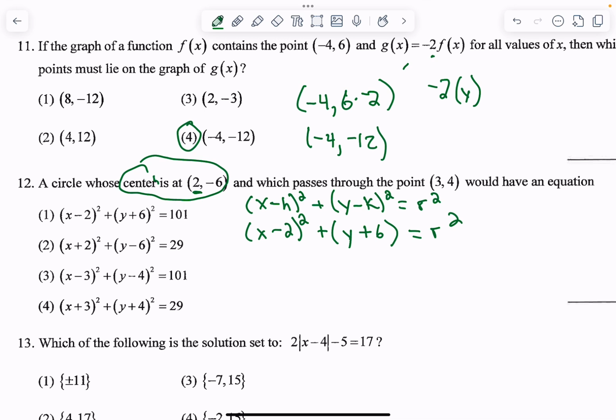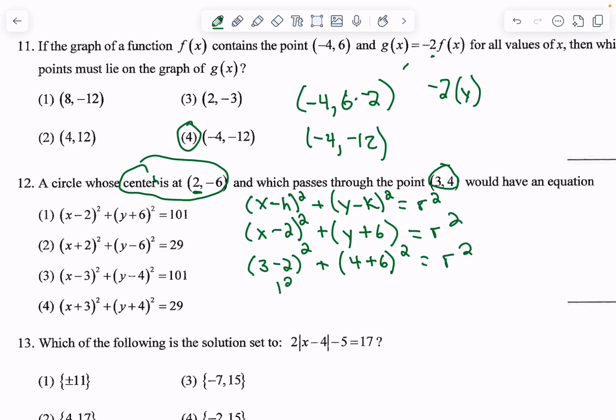All right. Now, we're going to plug this point in so we can find out what r is. So we have 3 minus 2 squared plus 4 plus 6 squared is equal to r squared.